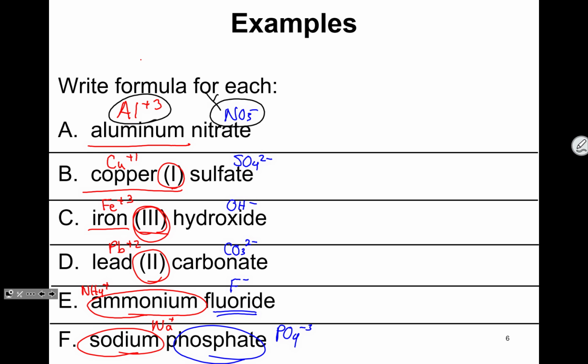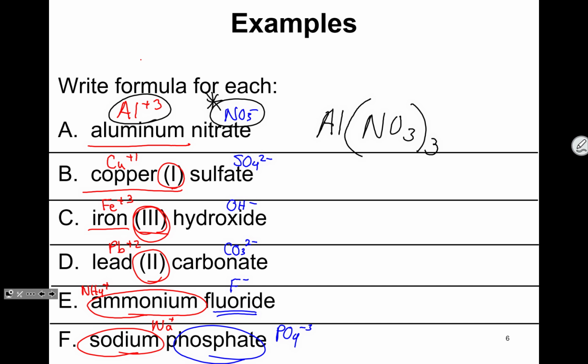So I'm going to need 3 of these to balance that +3 charge. So it's going to be aluminum, and then I need 3 nitrates. Since I need more than one, I'm going to put it in parentheses. And it's NO3. And I write that 3 as a subscript. So Al parentheses, NO3, close parentheses, 3.